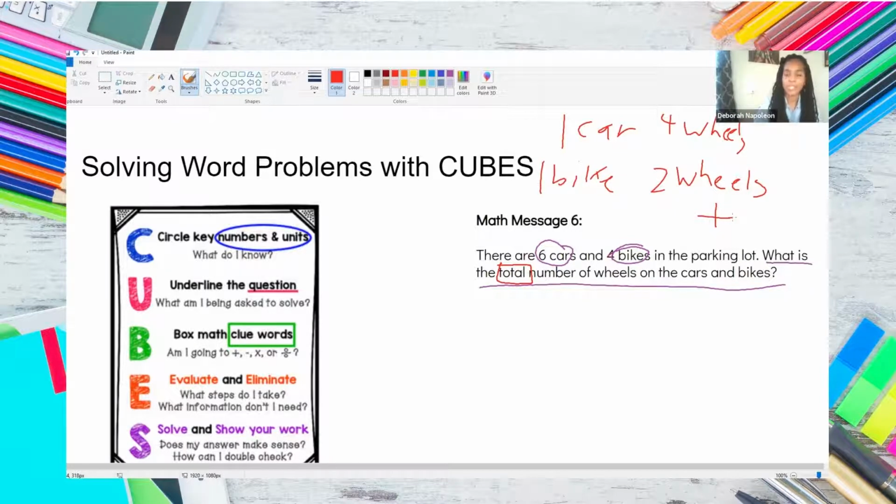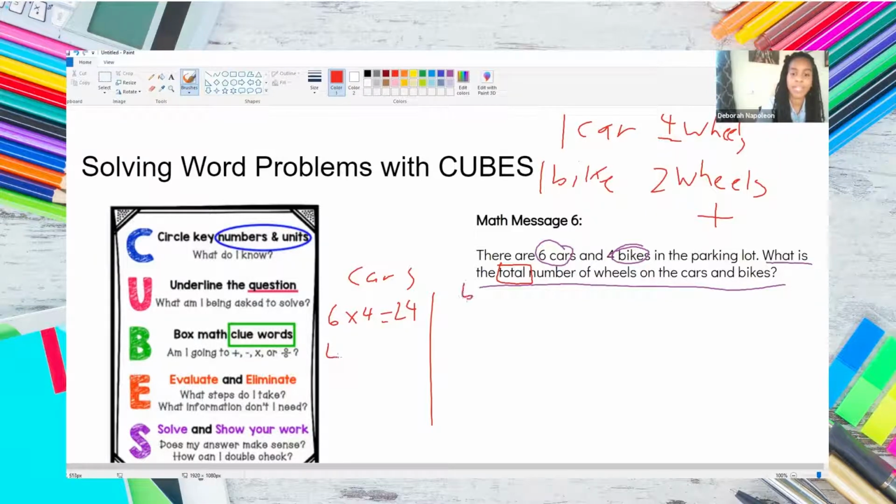But the word problem says I need to figure out the number of wheels on 6 cars, so I'm going to solve for how many wheels are on the cars first. 6 cars times 4 wheels: 6 times 4 equals 24. Now I need to solve for the wheels on bikes.